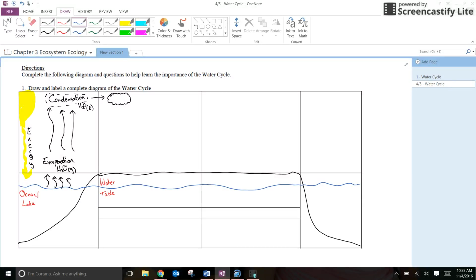So we're going to show precipitation coming down. And that precipitation is going to go down all the way to the water table in the ground.